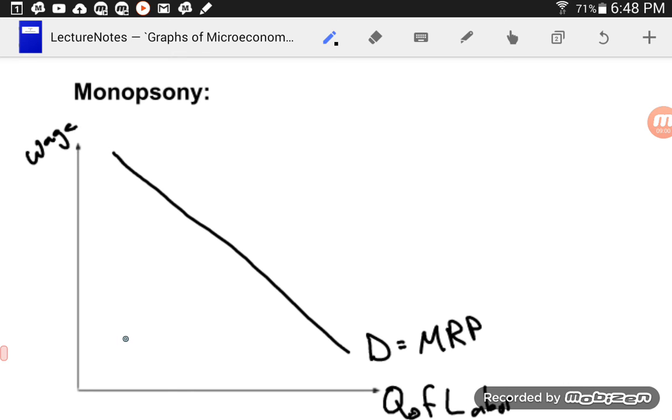But this time, the marginal resource cost is actually going to be different, because the supply that I'm facing is now the whole market supply for workers. And now this provides a slightly different scenario than what I saw before.